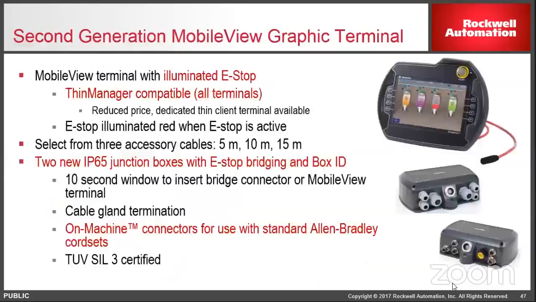So jumping ahead, you see the little black connector there. It's almost like an air compressor coupler. That plugs in the front, so you can unplug it very easily and then move it. You can physically walk to the other side of the machine or another part of the plant and just plug into another junction box. So it's a slick solution if you have the actual application that needs it.